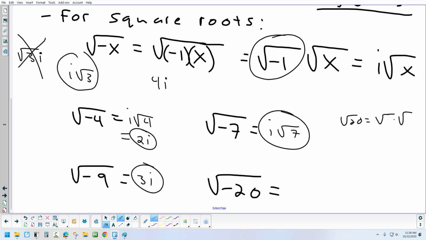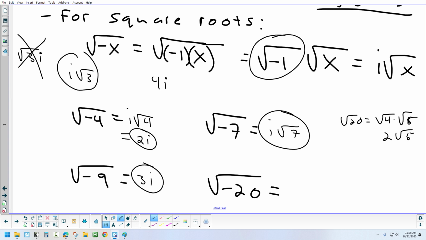I did square root of 10 times square root of 2. Okay, could you break it up into two numbers where one of them you can take the square root of in your head? The square root of 4 times the square root of 5. Okay, and what's the square root of 4? So 2 square root of 5. So that's the square root of 20.